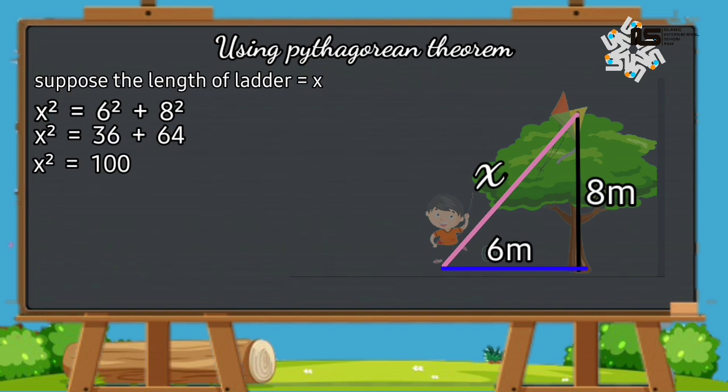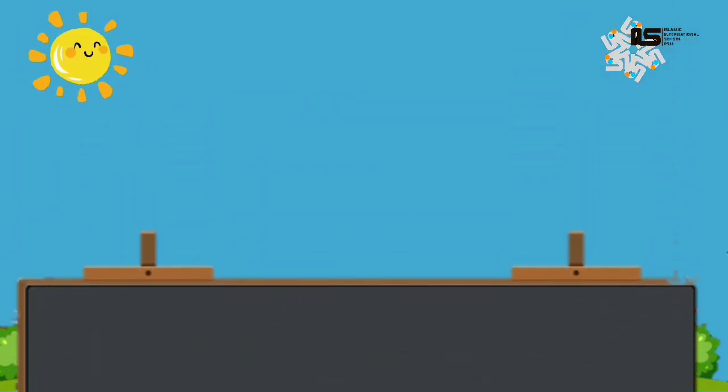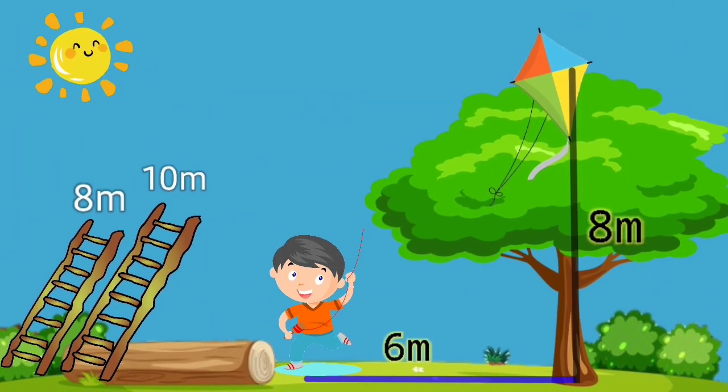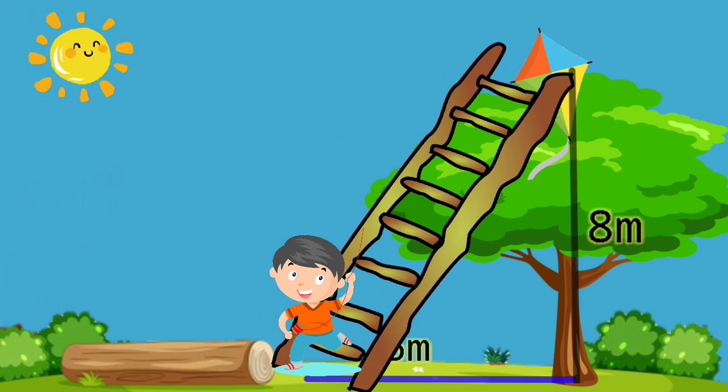Because x squared is equal to 100, so x is the square root of 100. And we get the value of x is 10. So the length of the ladder to choose is 10. So Reno must choose the ladder with a length of 10 meters.